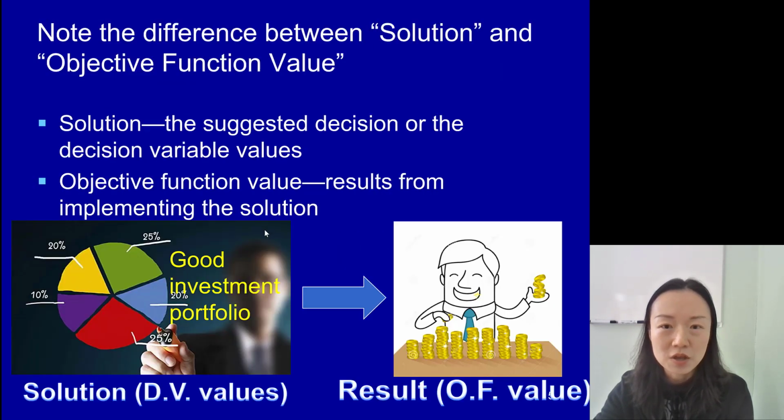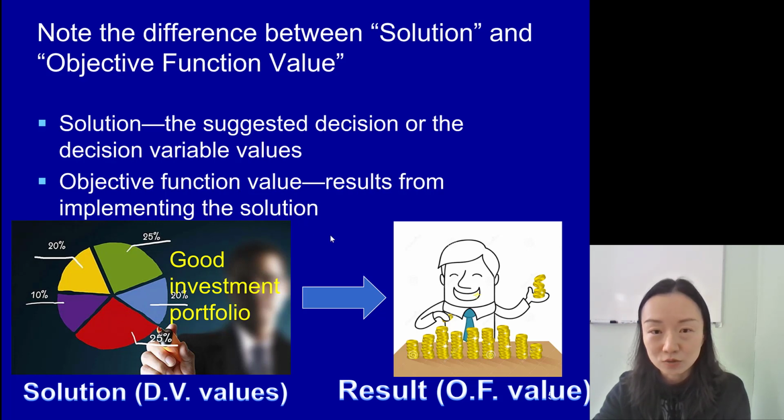Okay, so if we think in terms of, for example, an investment, the solution could be the suggested decision or decision variable values, like how much to put in each of those investment options. So how much money to put in each bond. Then the objective function value would be the results from implementing the solution.